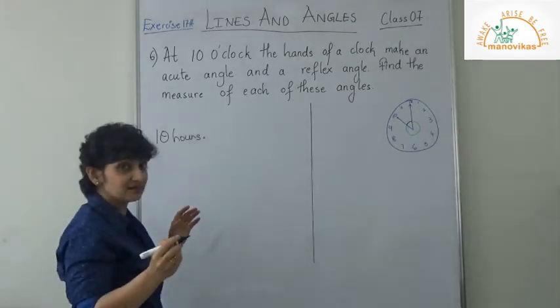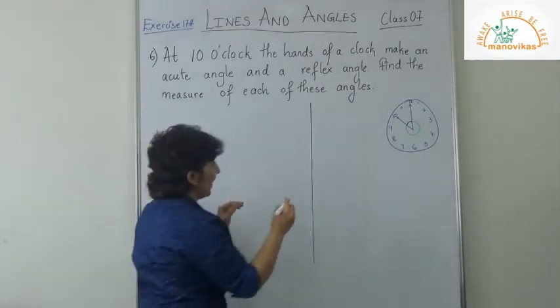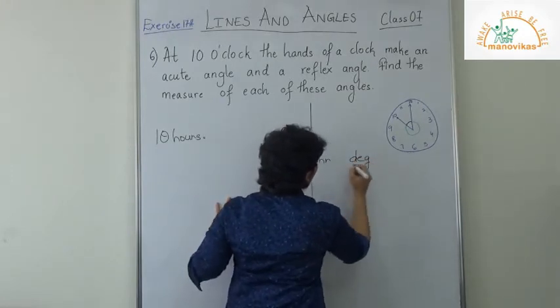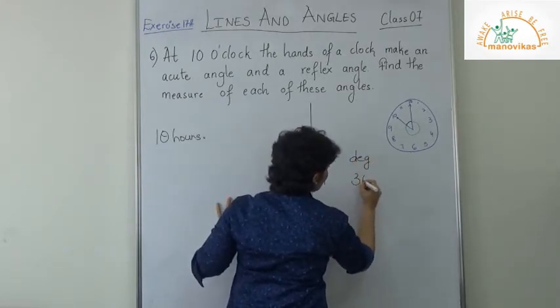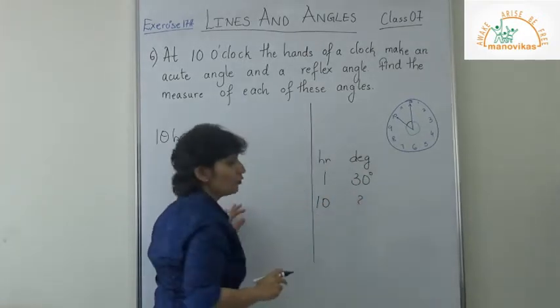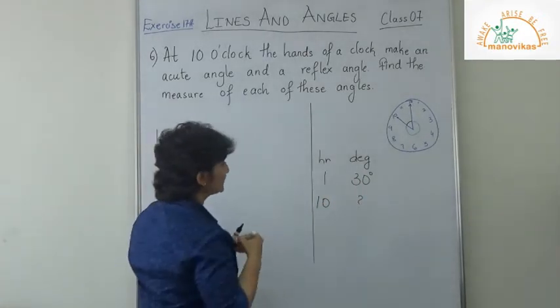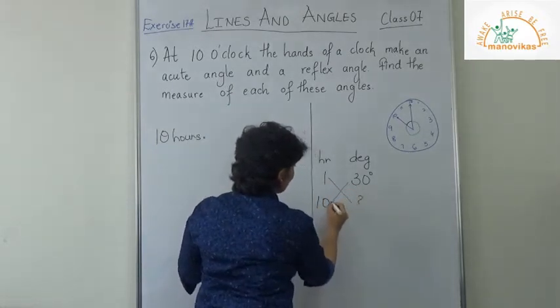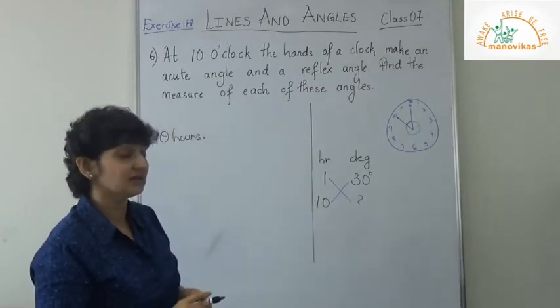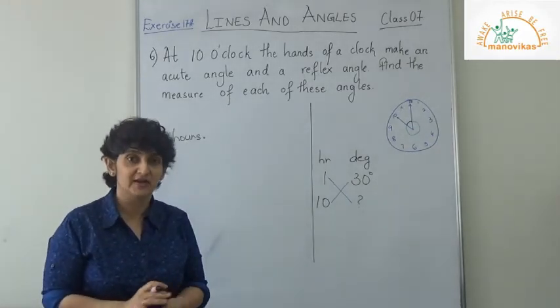Now you have already learned in the previous question, you have hours and degrees. 1 hour gives you 30 degrees. So 10 hours will give you how many degrees? Cross multiply. So 10 into 30 would give you 300, right?